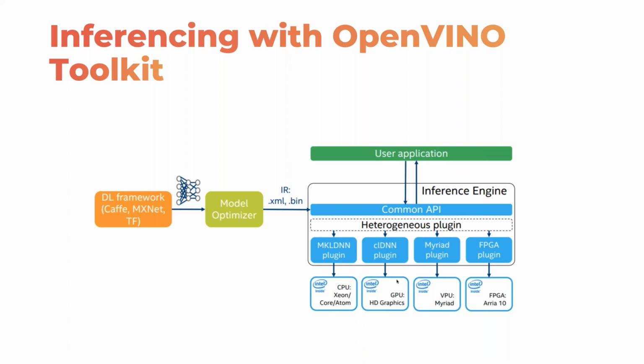By the way, more frameworks are going to be added, like PyTorch. But currently, if you are using PyTorch and you want to use inference engine, you can always run it through ONNX, generate an ONNX compatible model, and then use it with Model Optimizer. So this is how you consume inference engine in your applications. And thanks to the plugin model, as Intel adds more and more hardware for inferencing, the plugins will start showing up and you can start taking advantage of those.